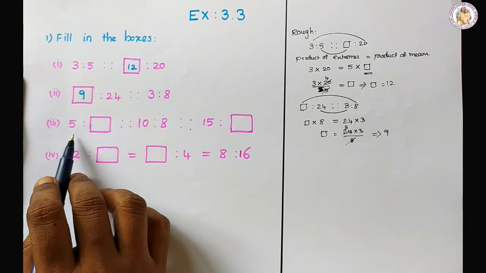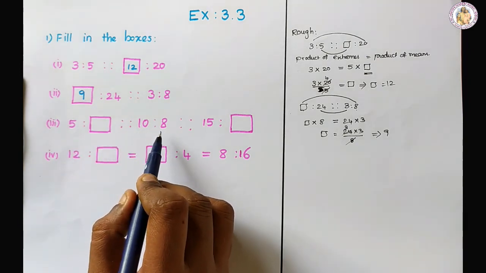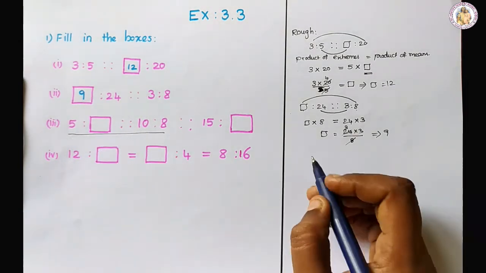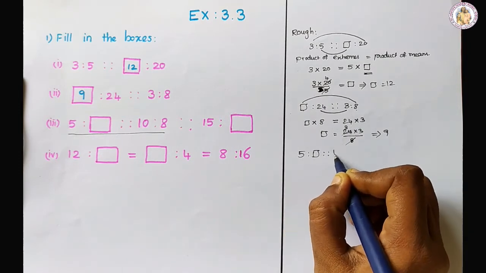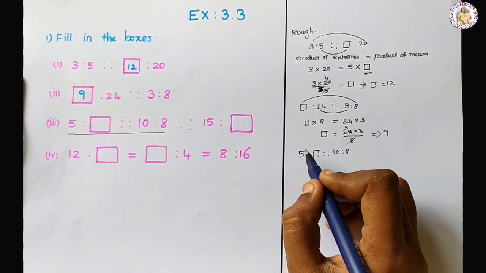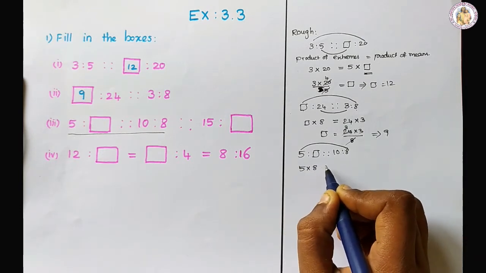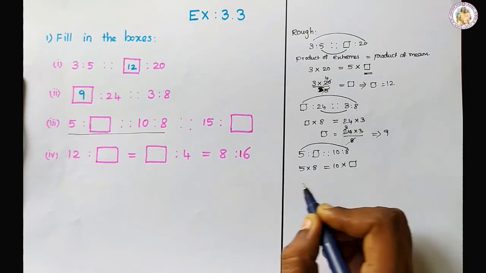Third. Listen, 5 is to box as 10 is to 8. Multiply 5 into 8 equals 10 into that box.